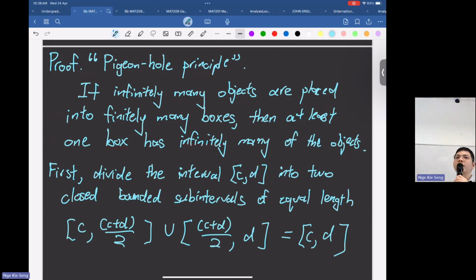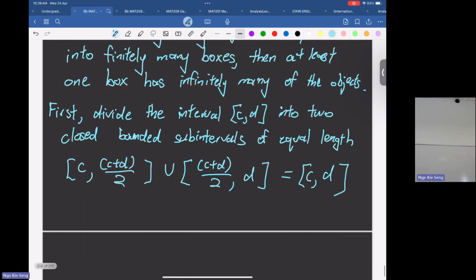Two subintervals meaning what? By the pigeonhole principle, you have infinitely many things put inside this interval and I cut it into two, so at least one of them must have infinitely many things. What do we do next?